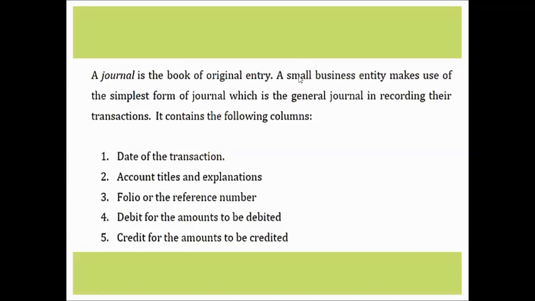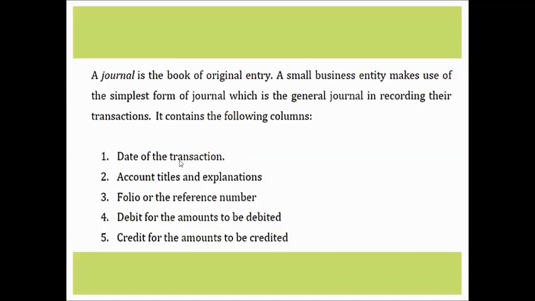A small business entity makes use of the simplest form of journal, which is the general journal, in recording their transactions. It contains the following columns. Ito daw yung substance niya.